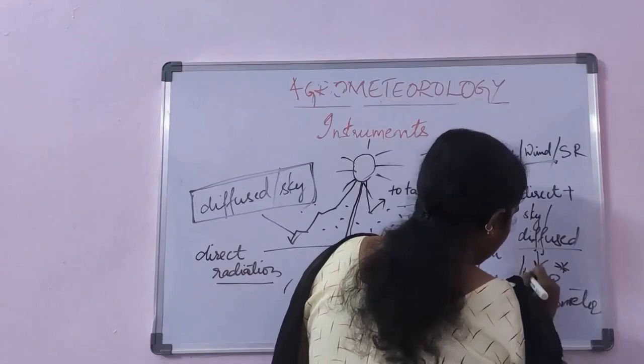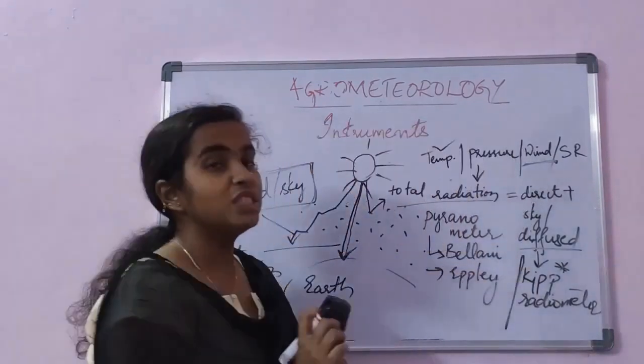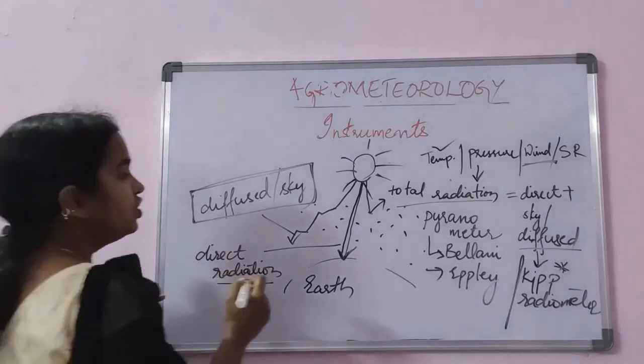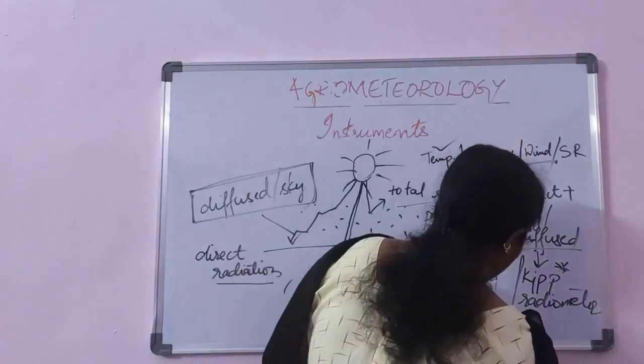Otherwise, another instrument which is used for measuring the diffused radiation is the shading pyranometer.